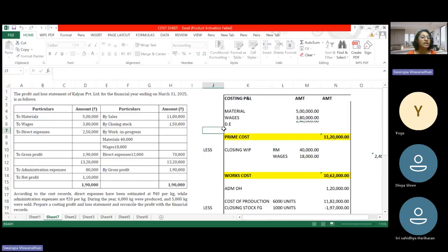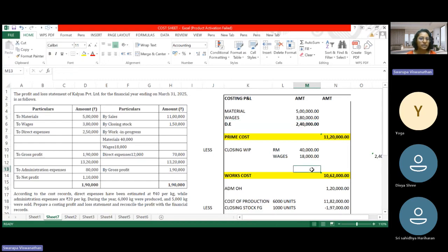We will not take direct expenses as per our financials, that is 2,50,000 minus 12,000. We will take directly as given in the question with respect to cost records. It is 40 into 6,000. So that is the direct expenses that we will consider in costing P&L.